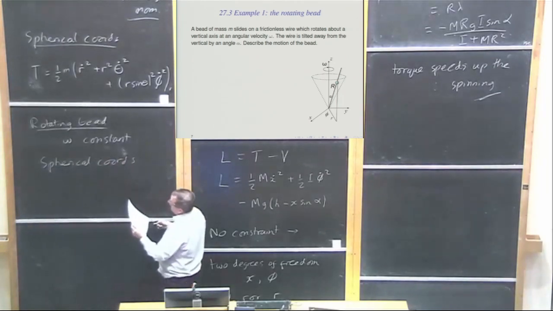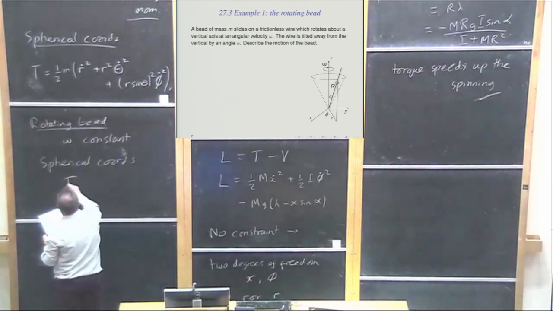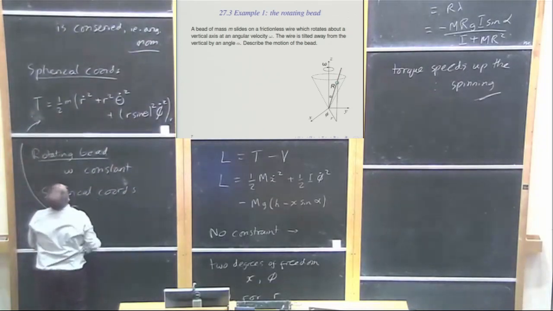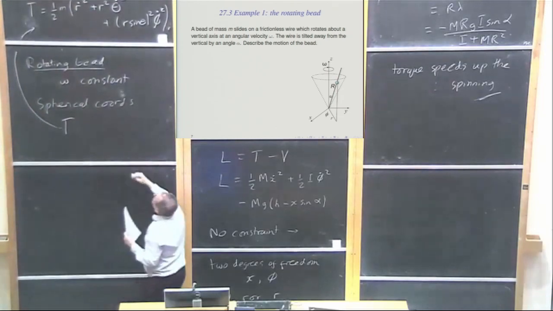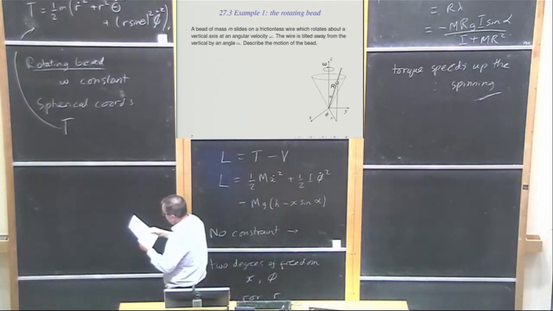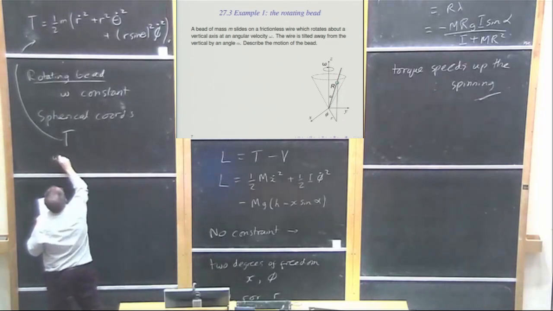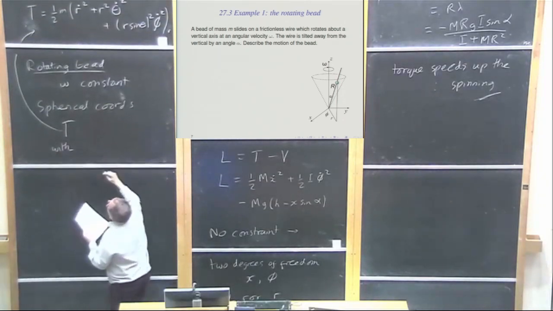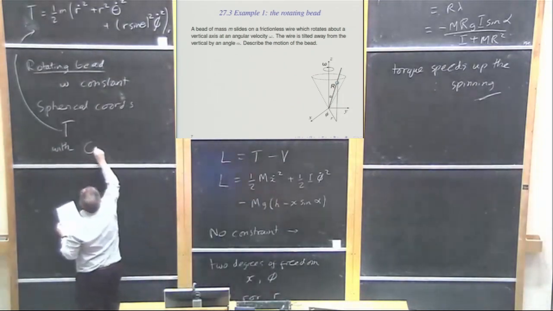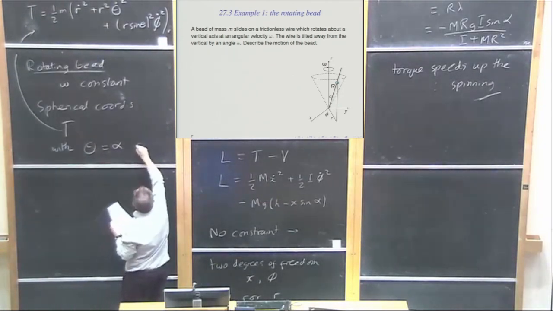And we have this expression for T, and I'm not going to write this out because it's just one board above. But we note that theta, as usually defined in the spherical coordinates, is actually here alpha, and alpha is fixed, so it's constant.